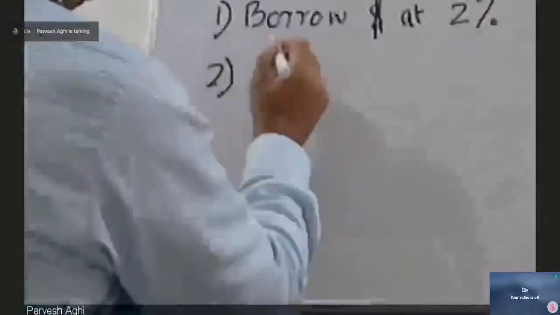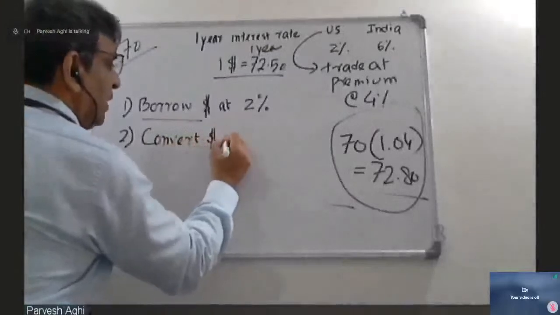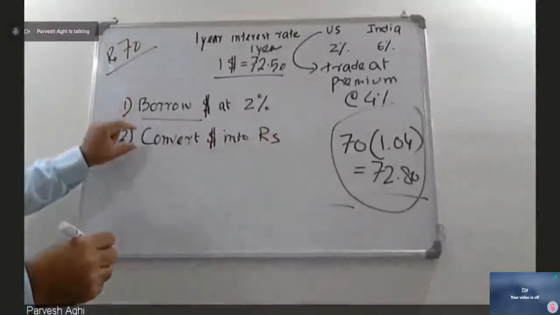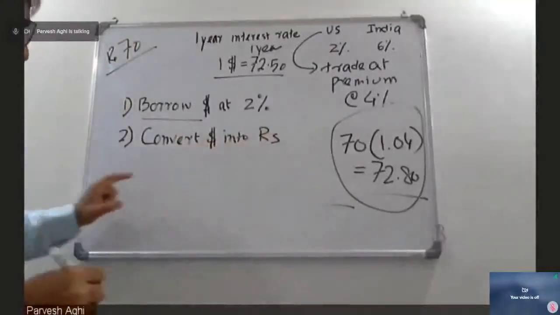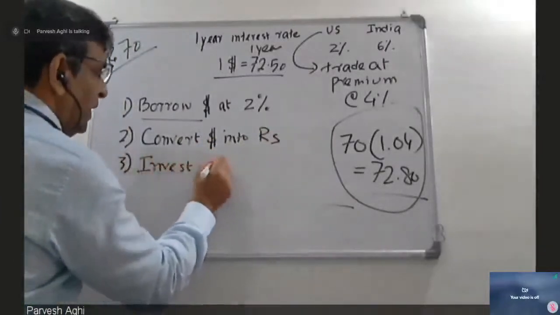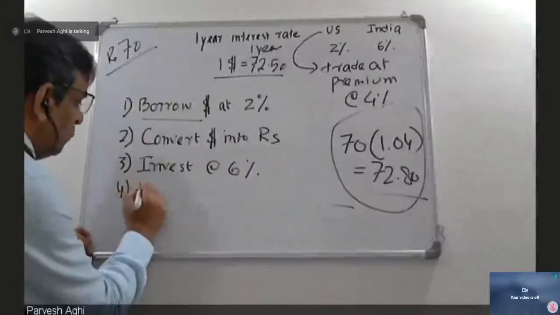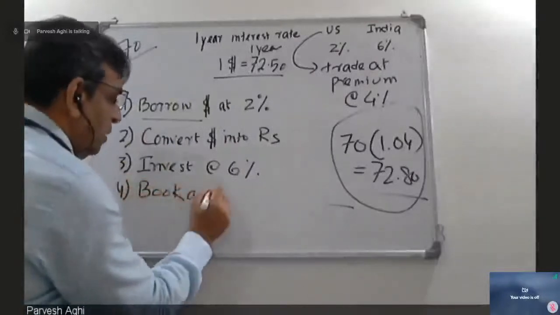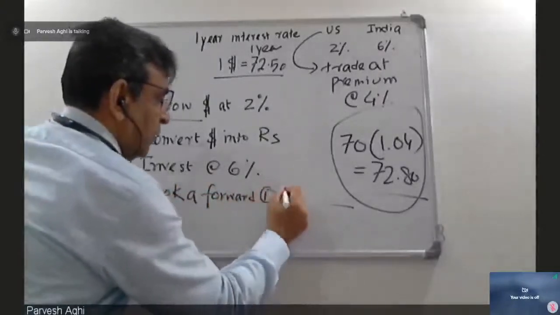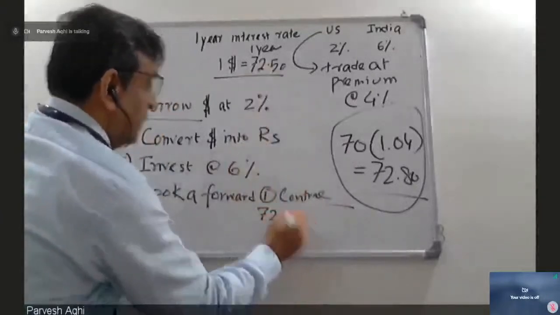So first you borrow dollars, then you bring the dollars into India, convert them into rupees, and invest in India at 6%. Fine. At the same time, you are going to book a 1 year forward contract. What is the rate? 72.50.